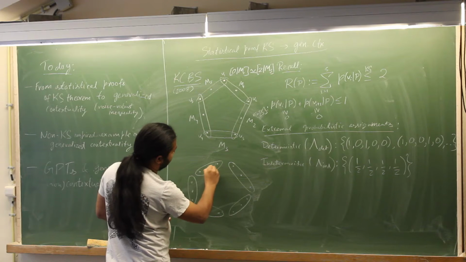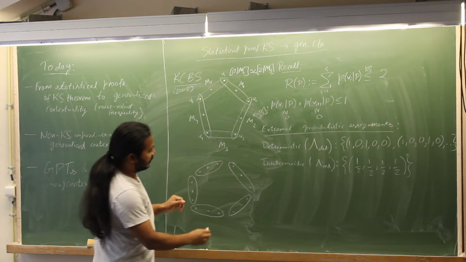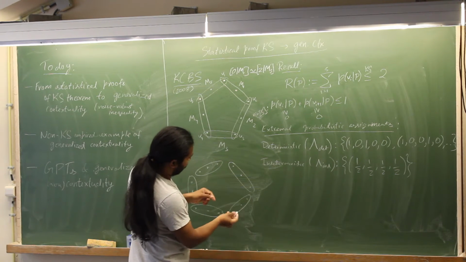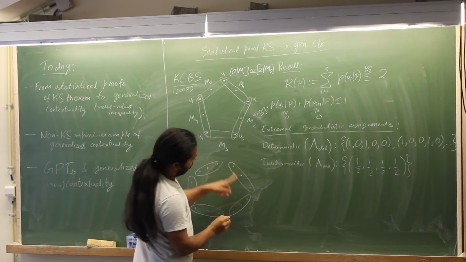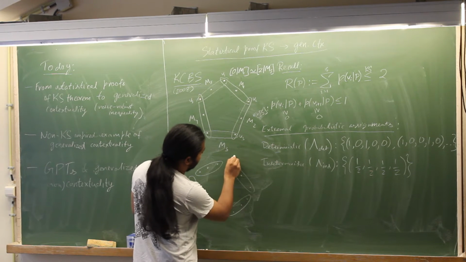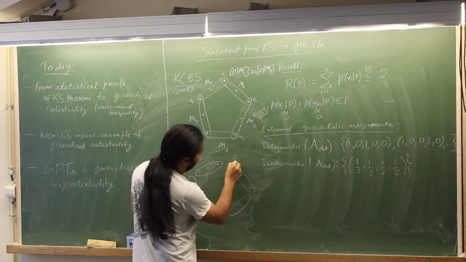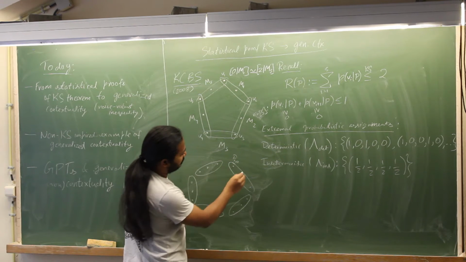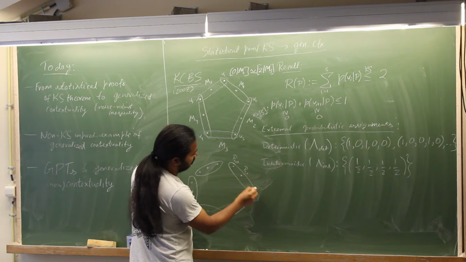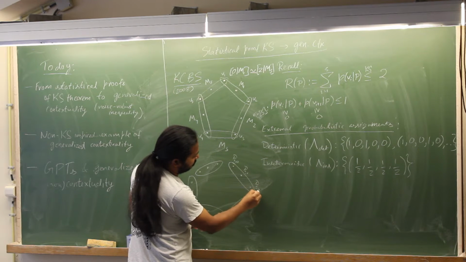For example, for the first ensemble, the 0th element is the preparation P10, this is P11, this is P12.